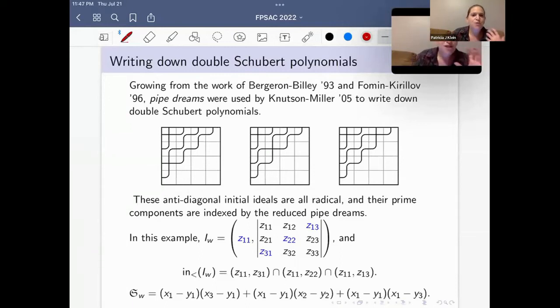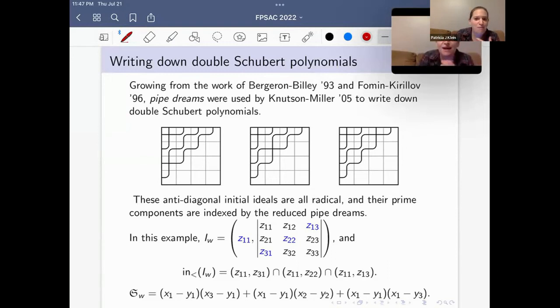This relationship between the pipe dreams and the Schubert polynomial was shown by Knutson and Miller to have another arm. And this other arm is that it relates to the geometry of the matrix Schubert variety. So there are these particularly good generating sets for ideals. They're called Gröbner bases.